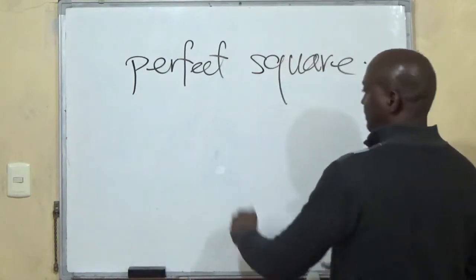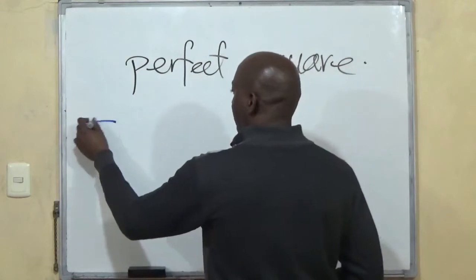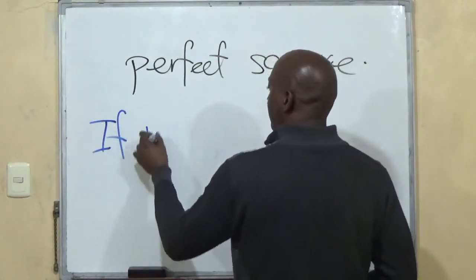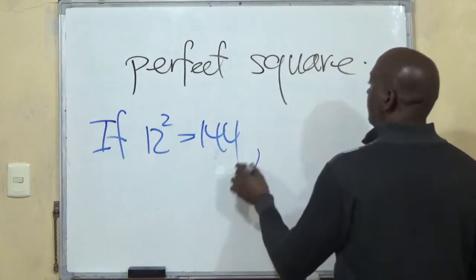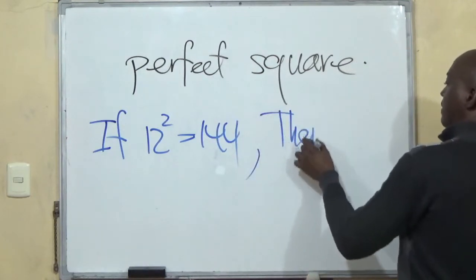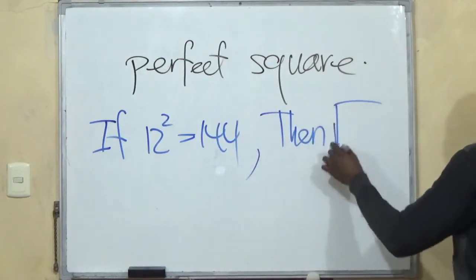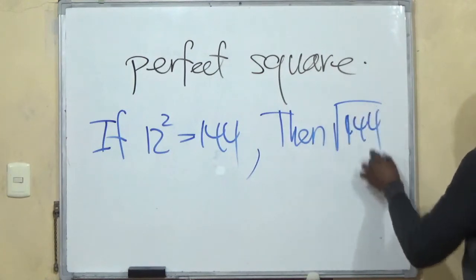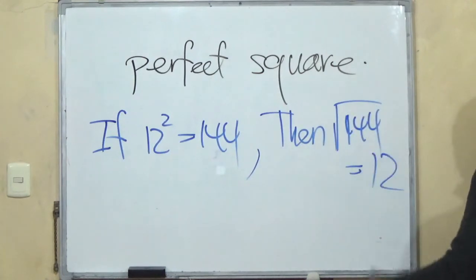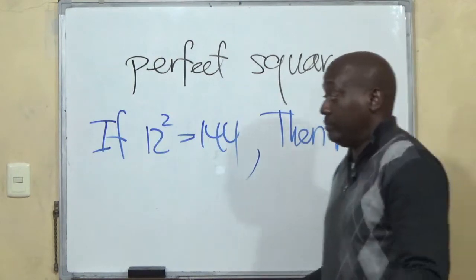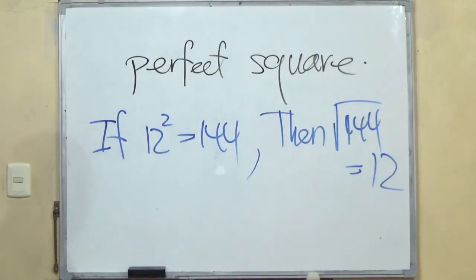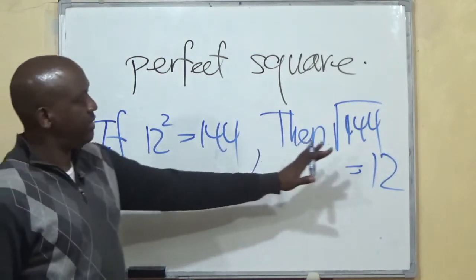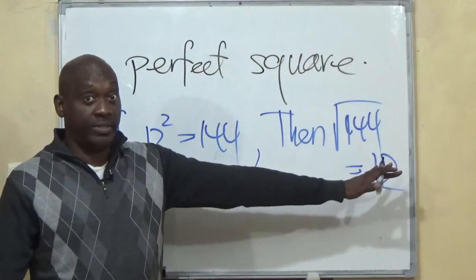Computer thing now. So if 12 squared is 144, then the square root of 144 is equal to 12. I tried to fit it in one line, but it didn't work. If 12 squared is 144, then the square root of 144 is 12.